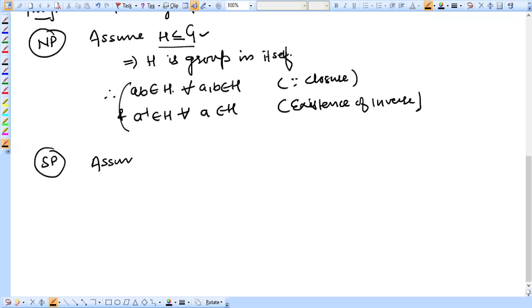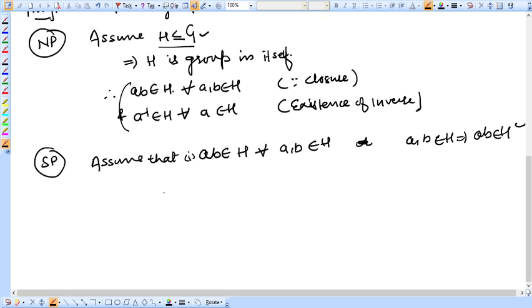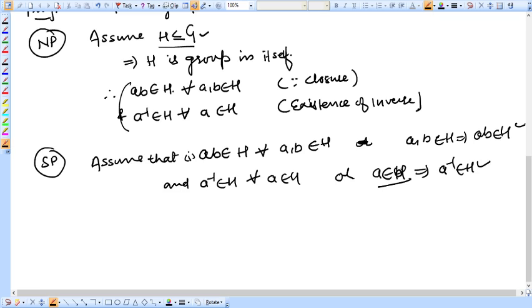Assume that AB belongs to H for all A, B belonging to H, or you can write it as if A, B belong to H, this implies AB must belong to H. And secondly, A inverse belongs to H for all A belonging to H, or alternatively, if A belongs to H, this implies A inverse also belongs to H, existence of inverse.